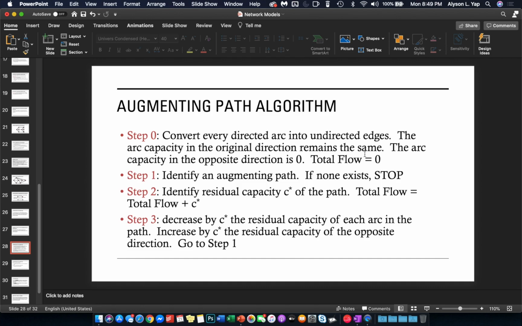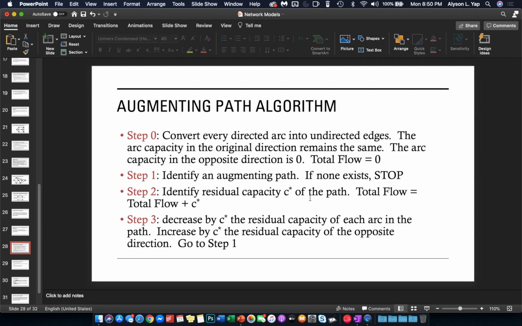Now, this slide shows you the different steps in the augmenting path algorithm. You may pause the video in order for you to read the steps. However, let me give you a very quick pseudocode for this algorithm. The augmenting path algorithm is actually easy to understand. All you have to do is first to convert your graph into a graph where the residual capacities are shown.